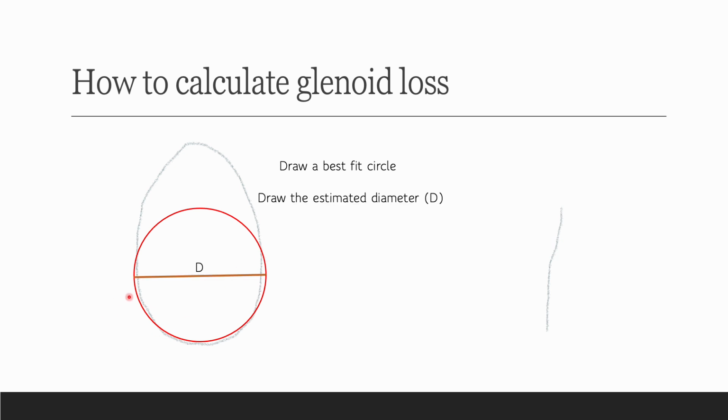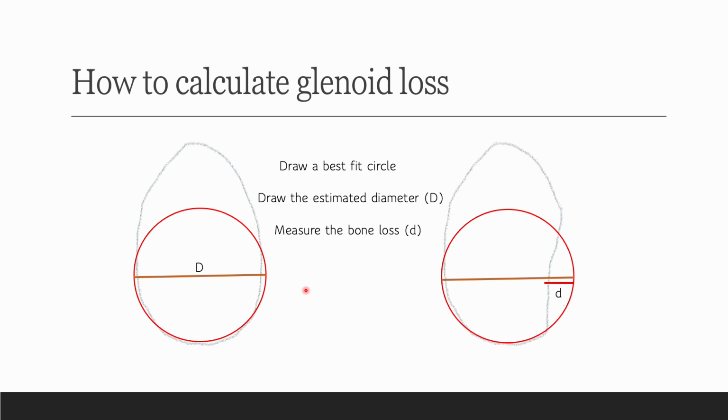Then we'll draw the normal diameter of the glenoid. And when we have a patient who's got anterior instability, we draw that best fit circle so that it matches the posterior inferior quadrant around here of this glenoid. And then we look at the area of bone that's lost and we measure the distance of bone loss. And basically the percentage bone loss is the bone loss divided by the estimated diameter as a percentage.